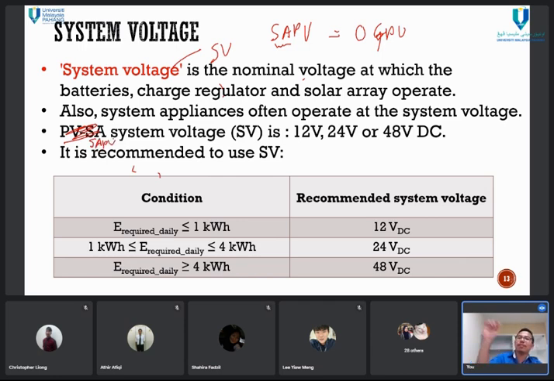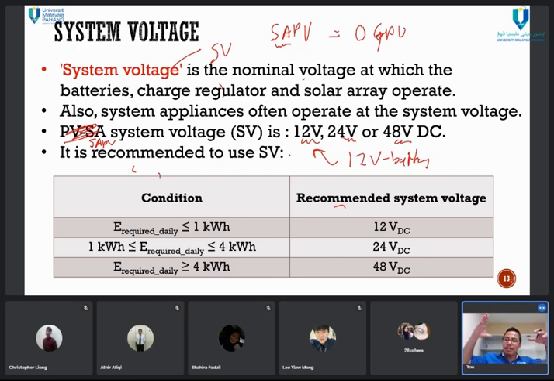So SAPV system voltage is typically 12 volt, 24 volt and 48 volt. There is also 96. So 12 volt and 24 volt are based on the 12 volt lead acid battery. What does 12 volt, 24 volt mean?